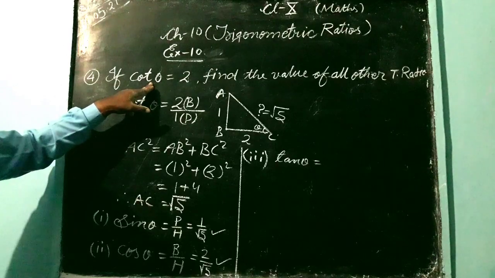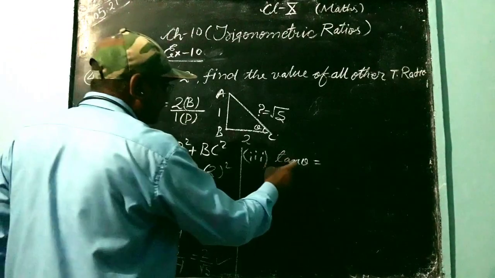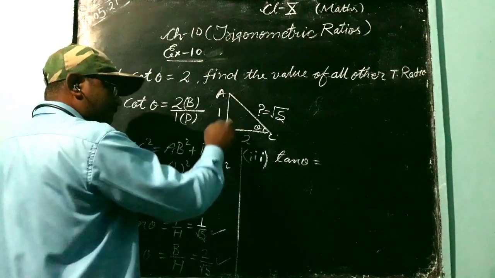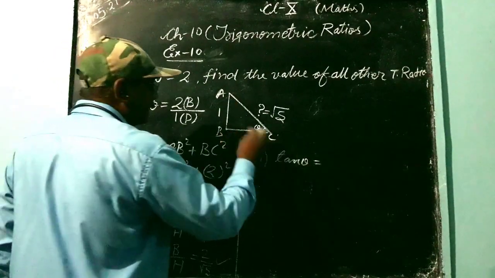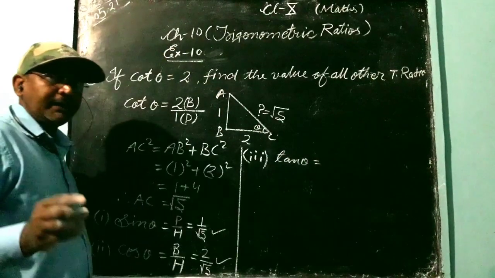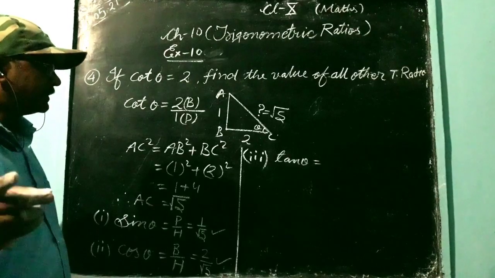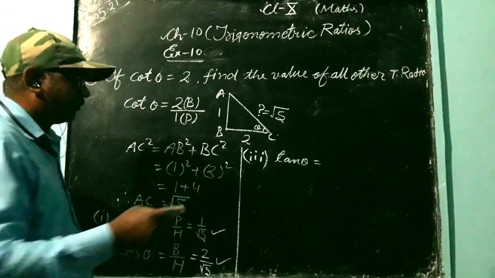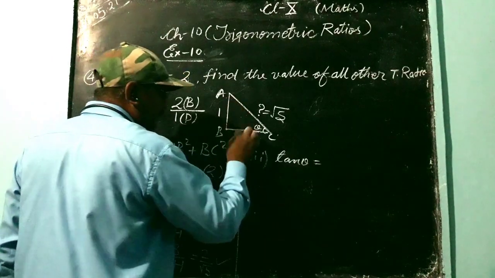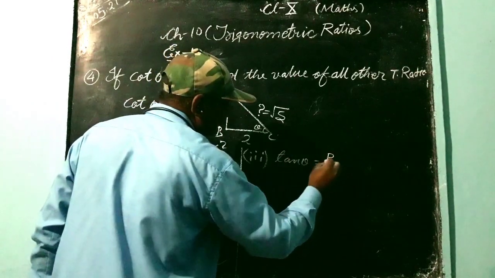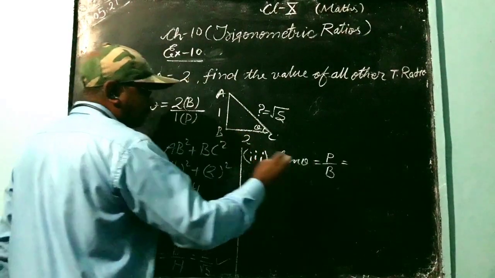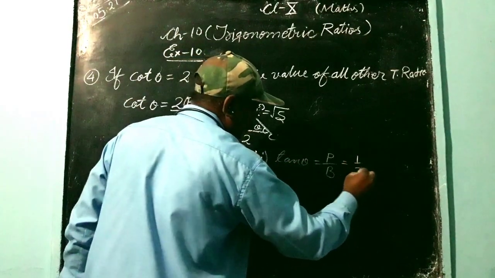You find it from the triangle: P upon B. According to the identities I have explained earlier, tan theta is equal to P upon B, perpendicular upon base, so 1 upon 2.